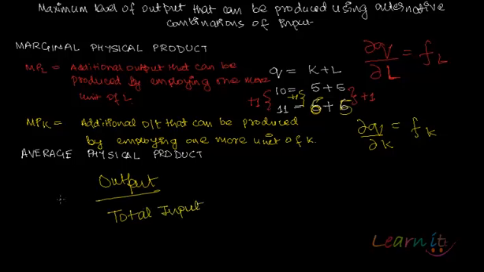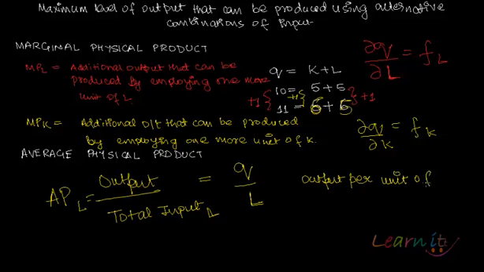If you are looking at APL, you use the total input of labor: you take the production function and divide it by the labor units, and you get the average physical product. It is the measure of labor productivity, or output per unit of labor. This is average physical product.